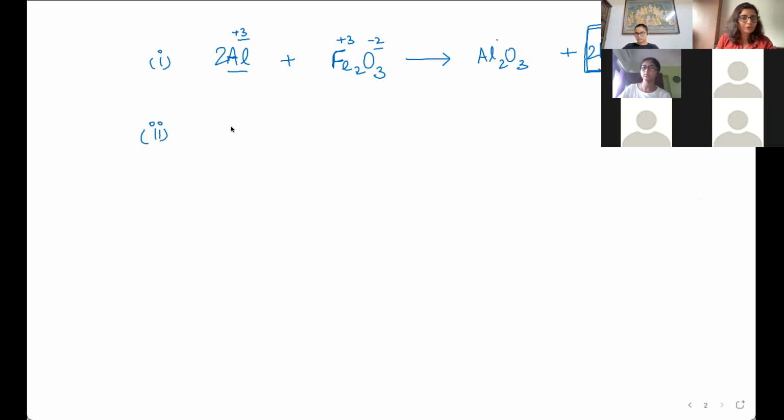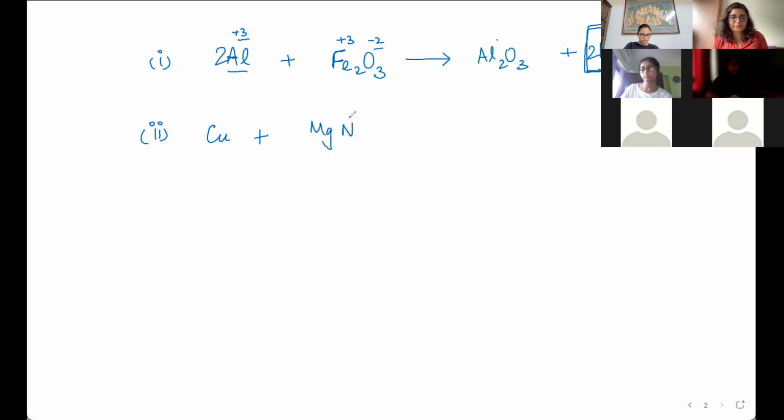So the second one would be copper plus magnesium nitrate. Okay, figure it out.